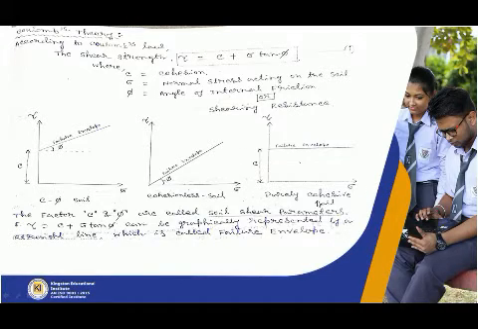And when we consider purely cohesive soil, phi equals 0, so the C value is a constant value and this is the failure envelope. Clear? The factors C and phi are called the soil shear parameters. Tau equal to C plus sigma tan phi can be graphically represented by a straight line, which is called the failure envelope.